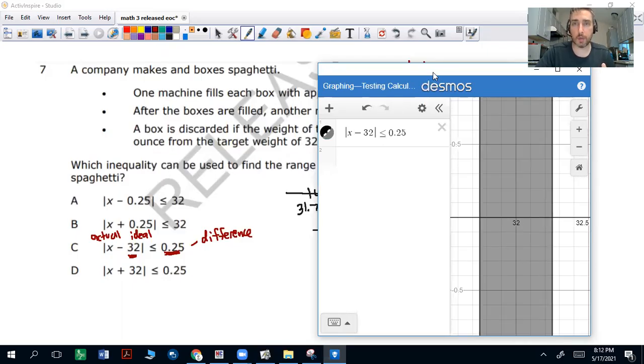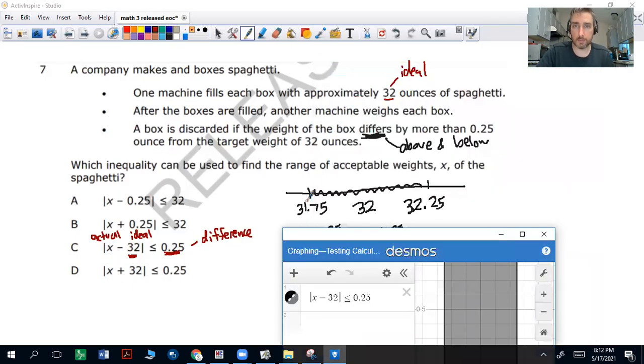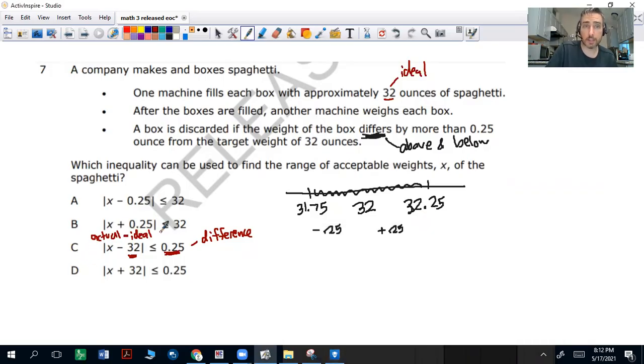So that's basically what I did on the number line here. 31.75 to 32.25 are acceptable weights. That's represented with this inequality. So it's always going to be your actual minus your ideal. That's going to be less than or equal to your difference. Pretty cool, huh? I think so.